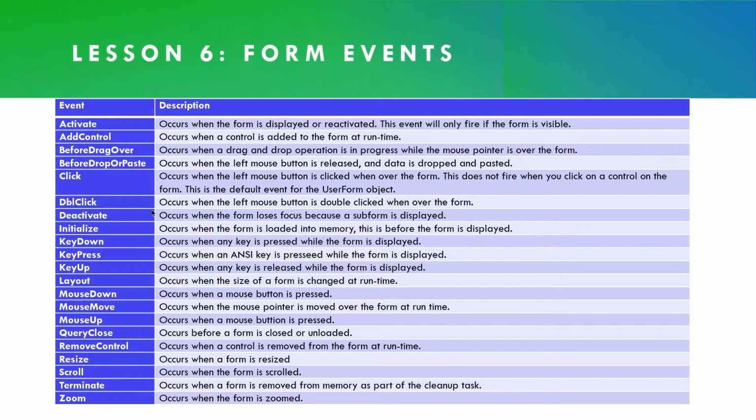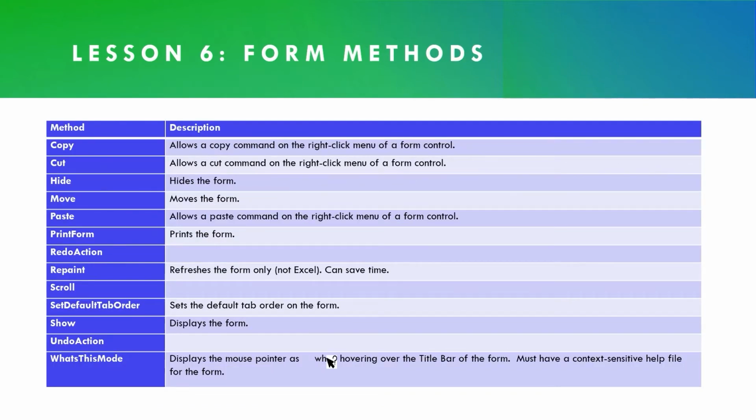So, for example, the click event and whatever action is attached to it will occur when the left mouse button is clicked when over the form. And the next slide is about form methods. You have cut, copy, paste, hide, move, and so on and so forth. And again, I will be walking you through these during the exercises in this lesson.